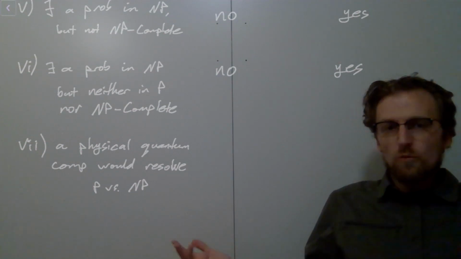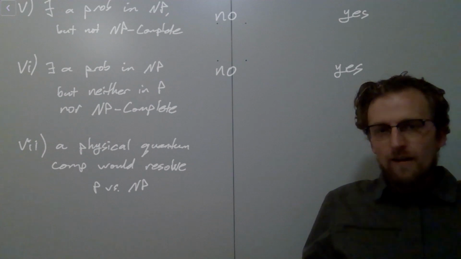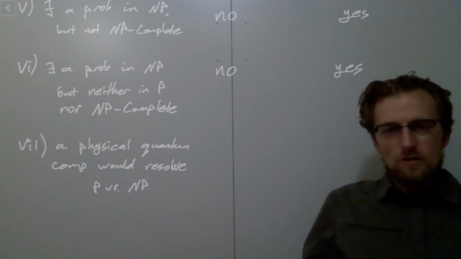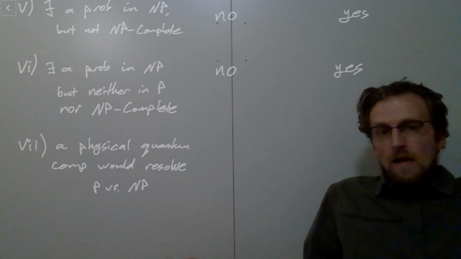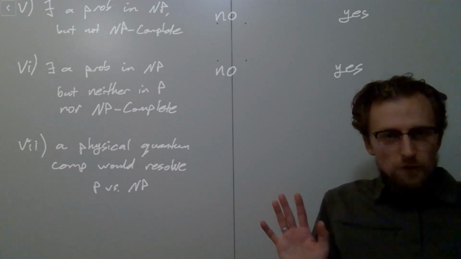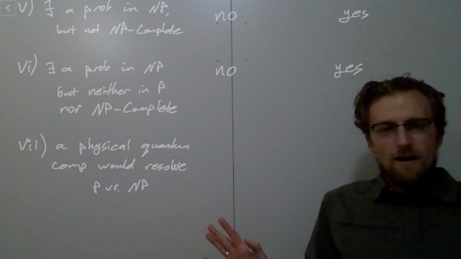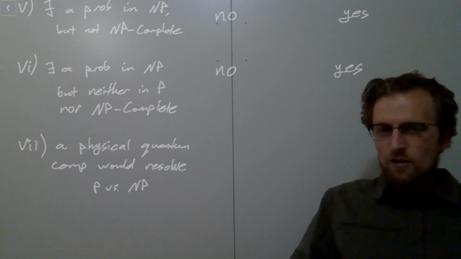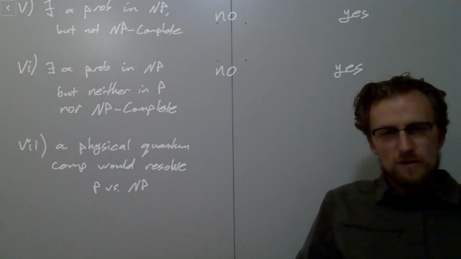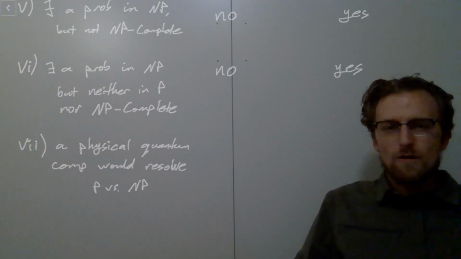Having the computer would accelerate algorithm development, and then we could use these new algorithms to solve NP complete problems in polynomial time on quantum computers. Maybe. It's absolutely a maybe. Like, if you argued that correctly and coherently, then I would accept your answer. But the easiest answer on this one is no, because we already have quantum computers and the problem's not resolved.